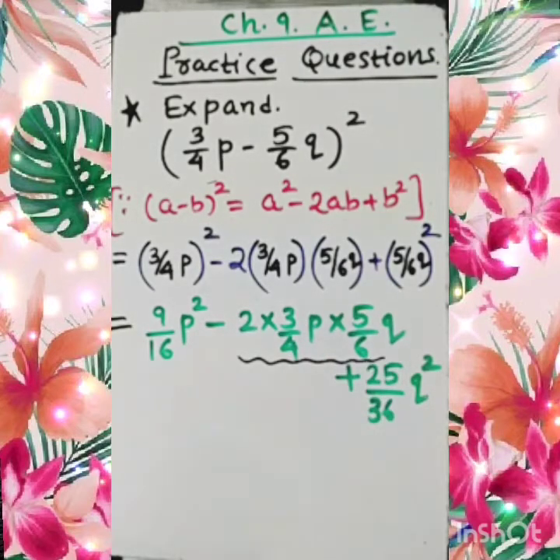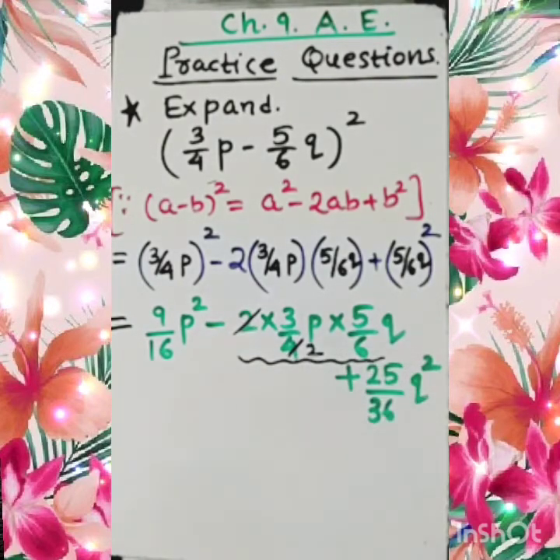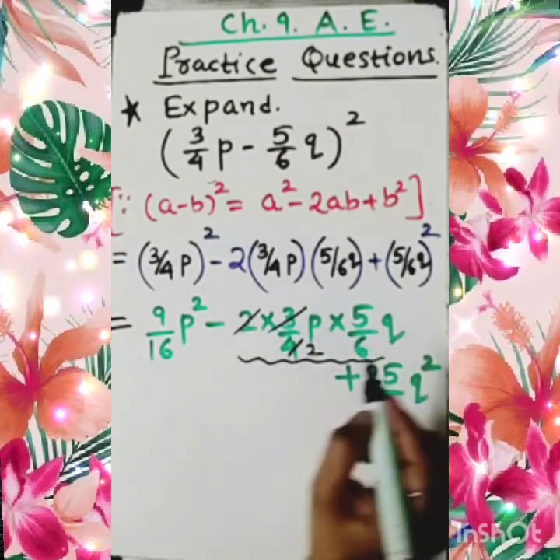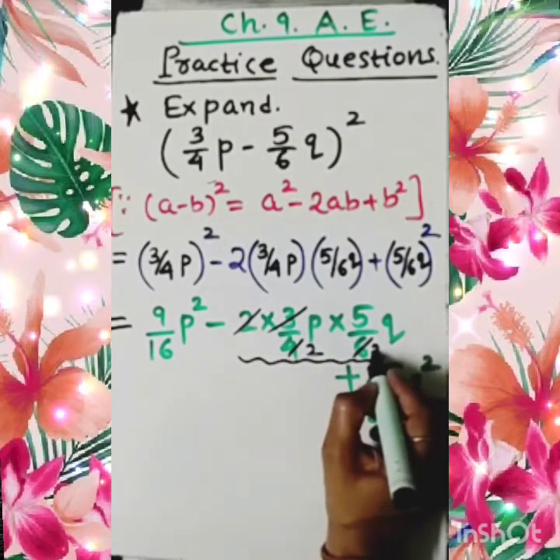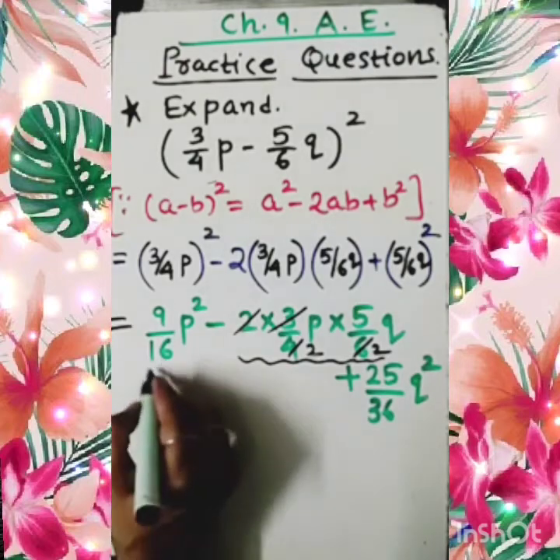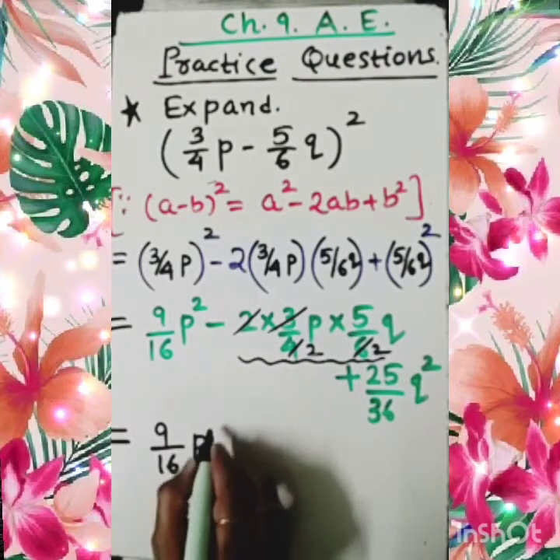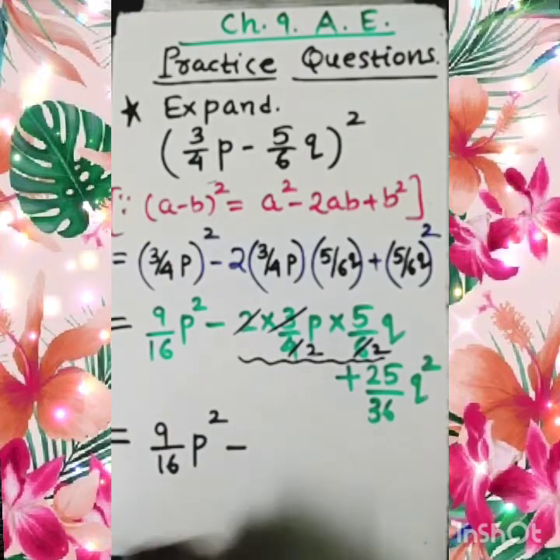Let's work out. Is there any common factor which we can cancel? So 2 2 are 4. Yes, we can. Here we can cancel this 3 with 6 also. 3 2 are 6. Fine. No extra factor is there. So what is left over with us now? Let's note down. As we know, first term 9 upon 16 p square as it is, along with the sign minus here.